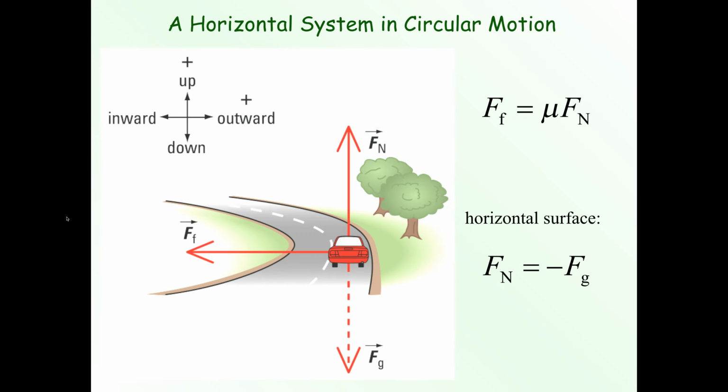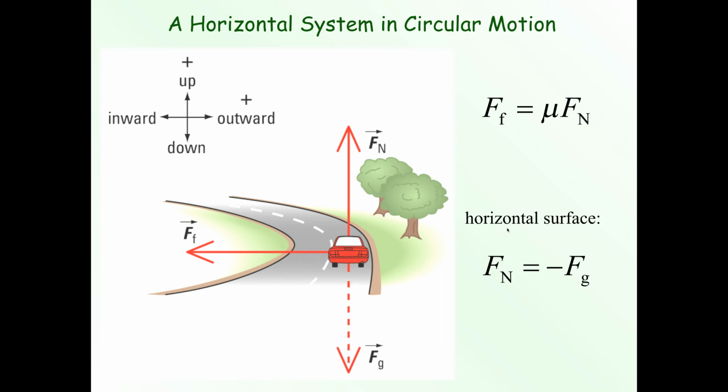Okay, and so again, when we're setting it up, we make up positive, outward positive, or east positive, and then down is negative, and inward would be negative. Since our force of friction is equal to our centripetal force, we can find our force of friction by multiplying the coefficient of friction times our normal force.